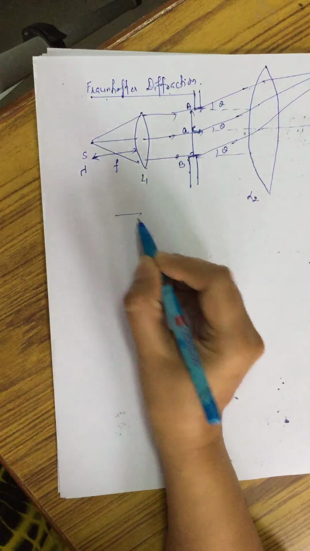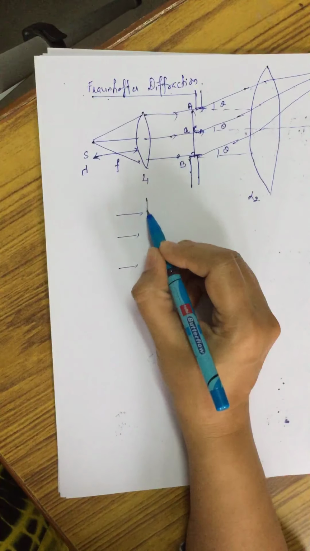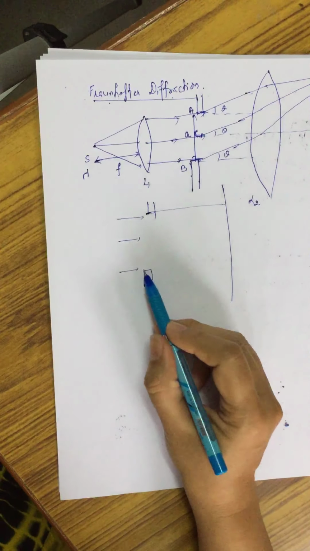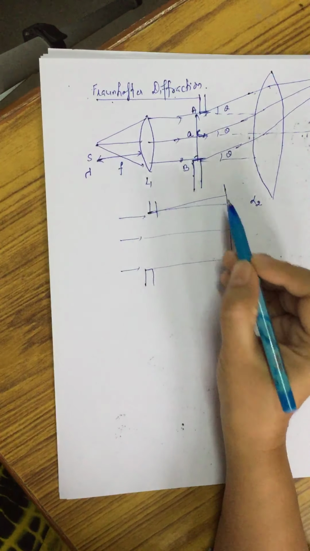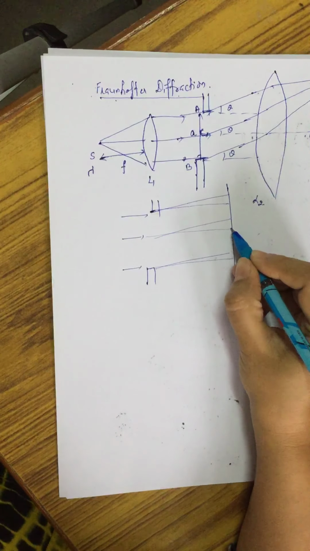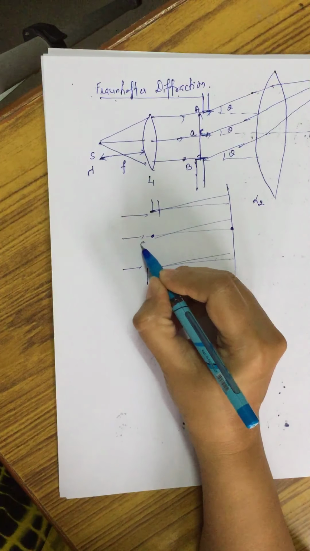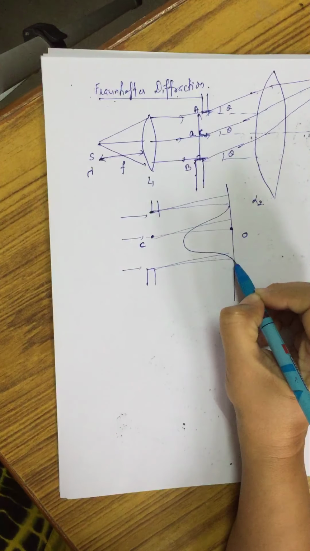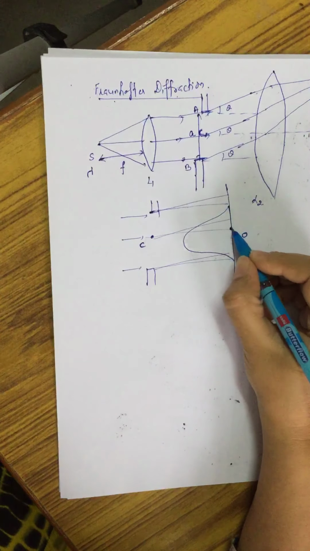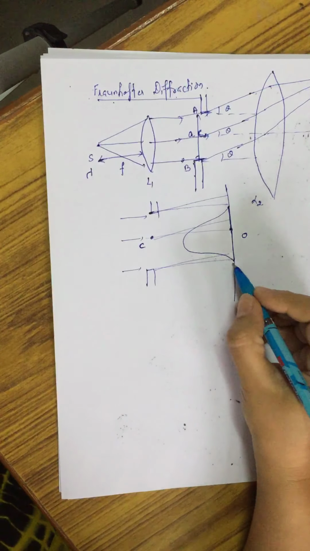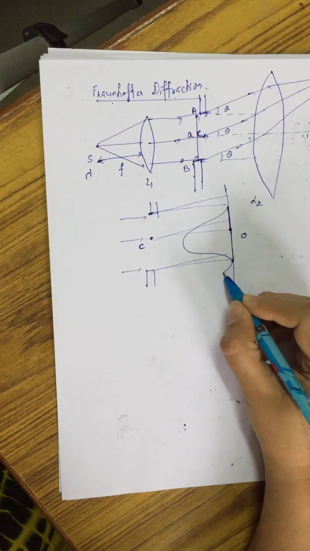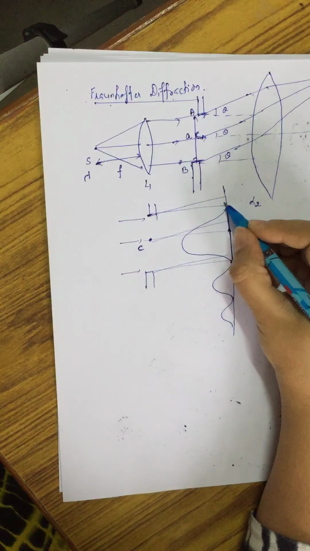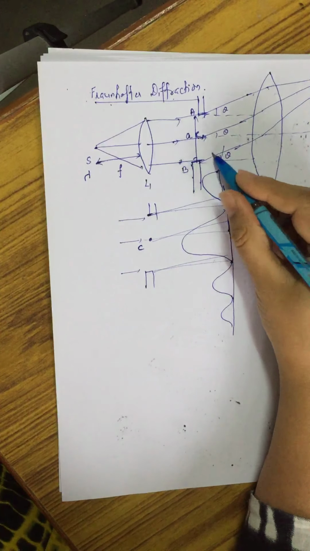When parallel rays are allowed to fall on a single slit, we find that due to the phenomenon of diffraction, on the screen opposite to the center of the slit, we obtain a central bright maxima, and the width of the maxima is approximately double as compared to the other maxima which are obtained on both sides of this central maxima.